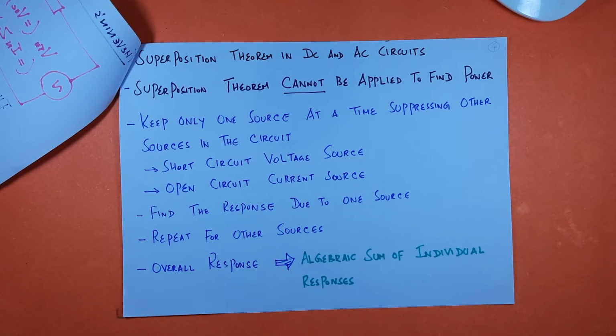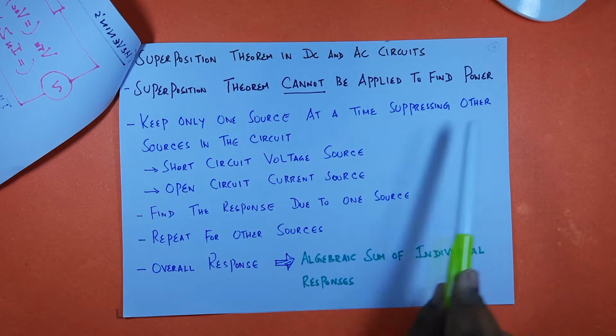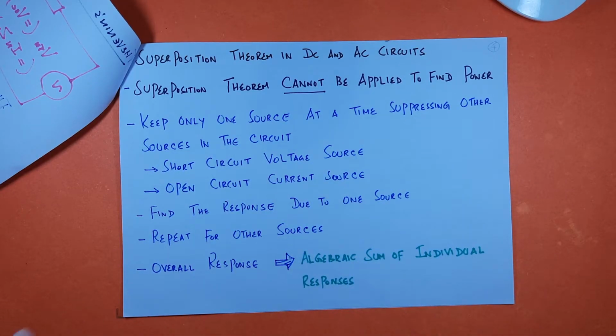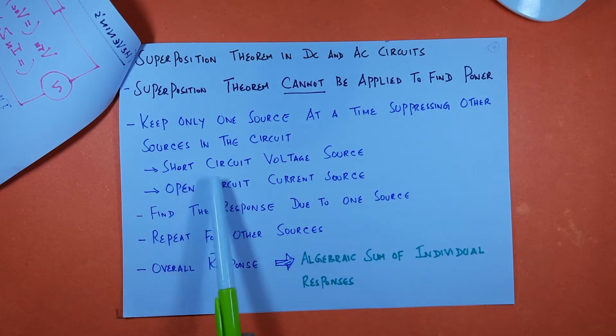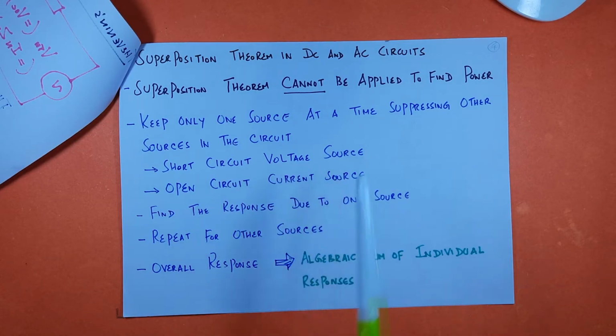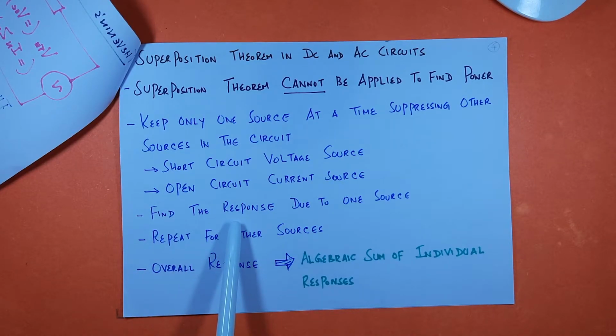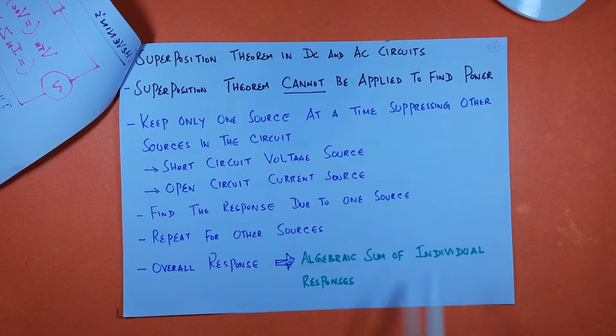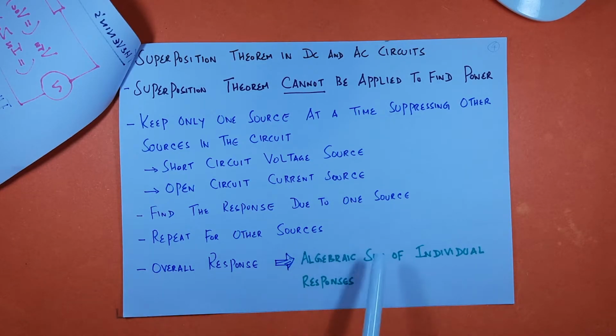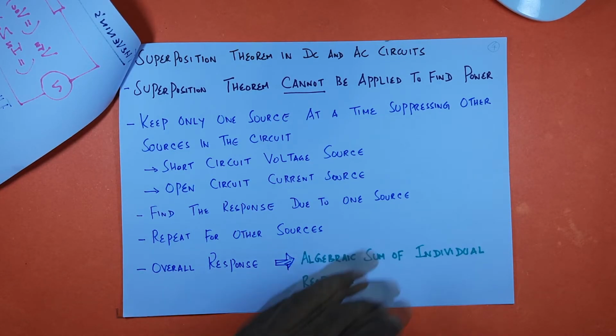Keep only one source at a time, suppressing other sources in the circuit. That means you have to short circuit all other voltage sources and open circuit all other current sources. Next, find the response due to only one source. Repeat this for other sources in the circuit, and the overall response is going to be the algebraic sum of individual responses. So this algebraic sum is very important.